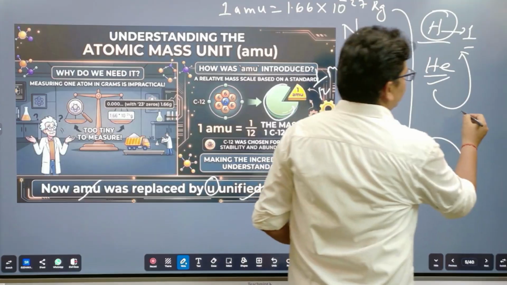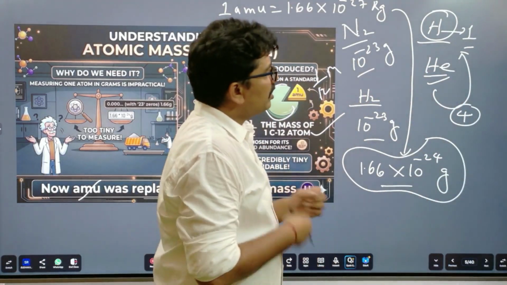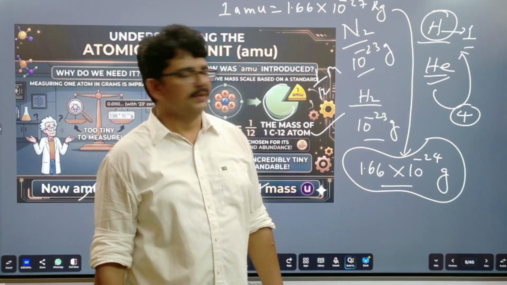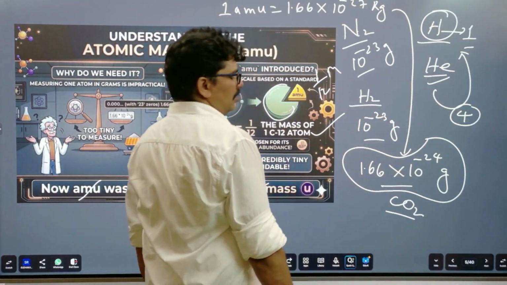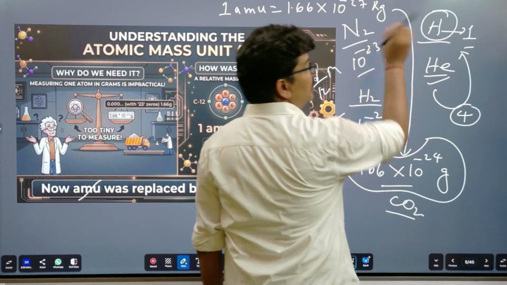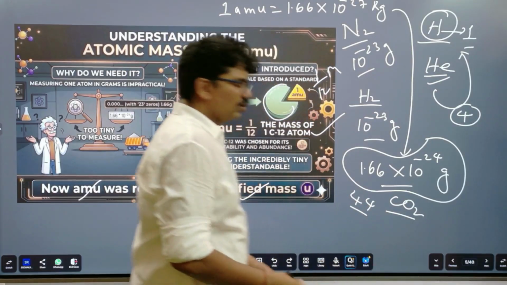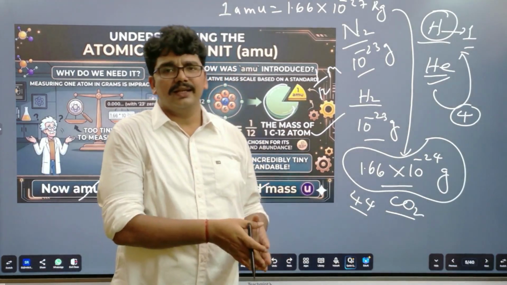Approximately it is 4 times heavier than hydrogen. Helium is 4 times heavier than hydrogen, so helium mass is 4 units. Take carbon dioxide. How many times is it heavier than hydrogen? 44 times it is heavier than hydrogen. So 44 units is the carbon dioxide mass. This is how we did it earlier.